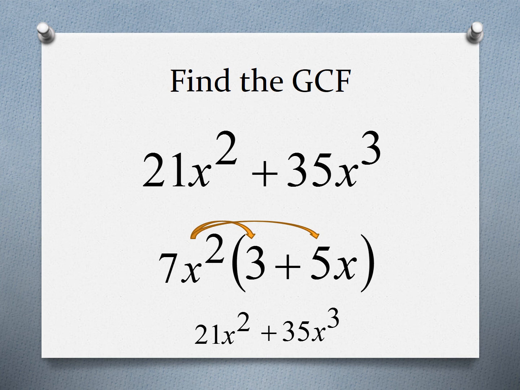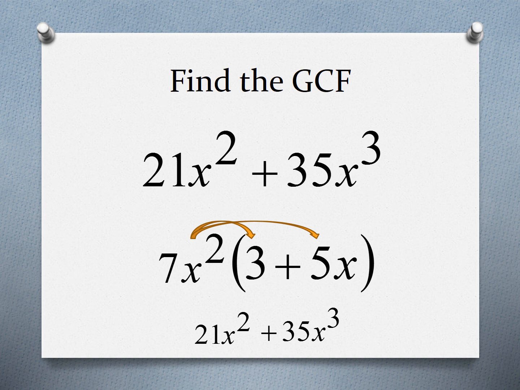So you're always going to have to go back and double check and make sure. I think I know what was left behind. I think I know what was multiplied or what factors made up this original term. So I know what I left behind when I took out my greatest common factor. This is the art of factoring polynomials by the greatest common factor, or pulling out the greatest common factor.